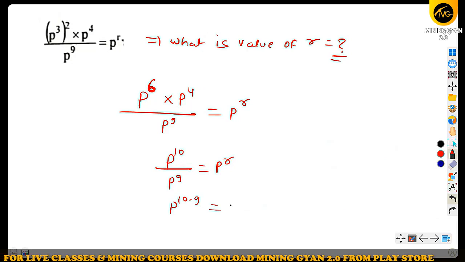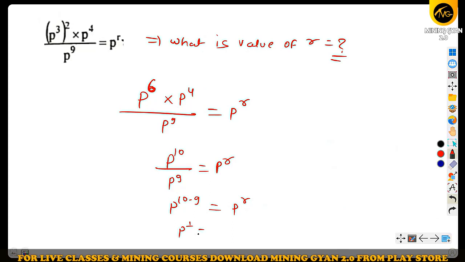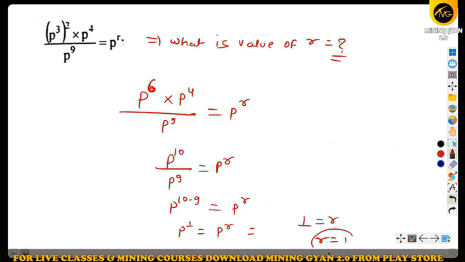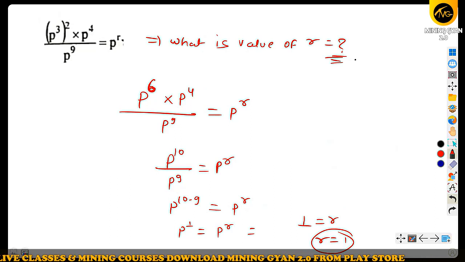That means p power 1 is equal to p power r. If the bases are the same, then the powers will be the same. 1 is equal to r. That means r is equal to 1. That is the answer to the question. What is the value of r? r is equal to 1. Correct, r is 1.